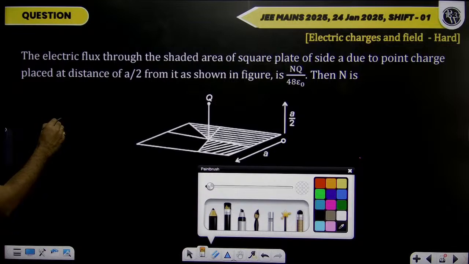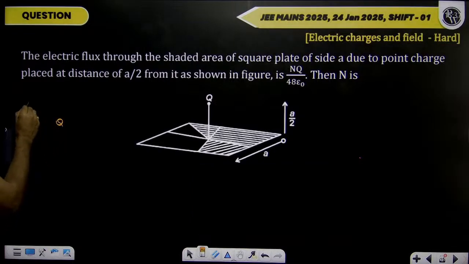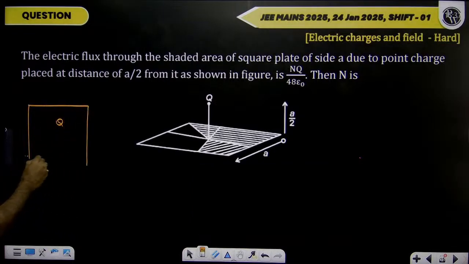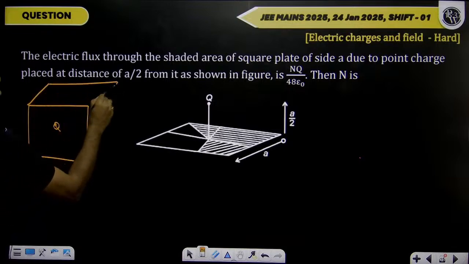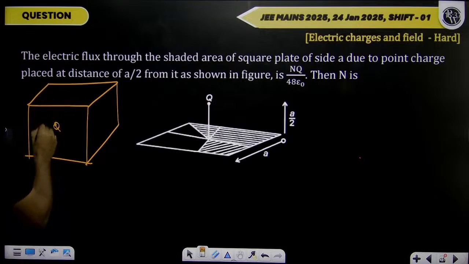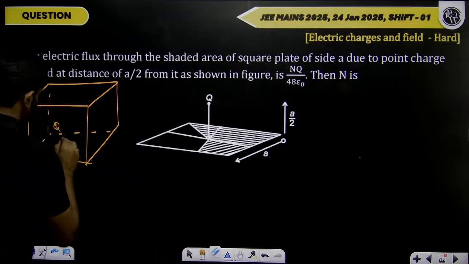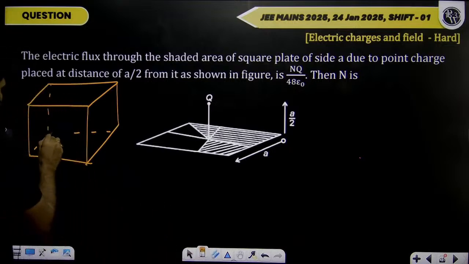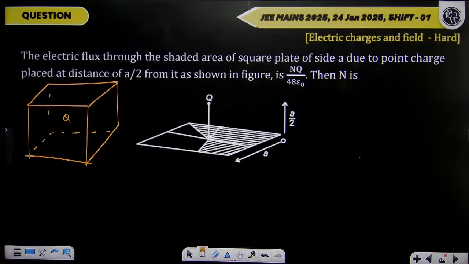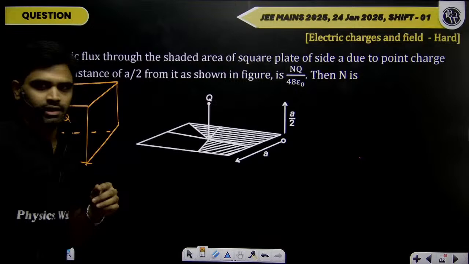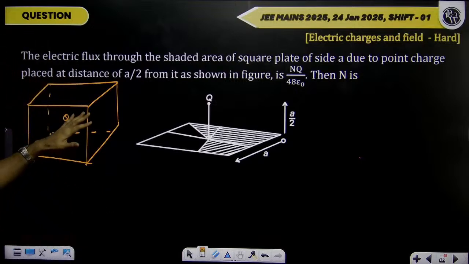So for these type of questions, you need to imagine this charge enclosed in a cube. Now total flux is q by epsilon naught.